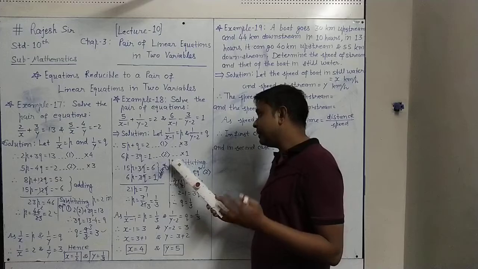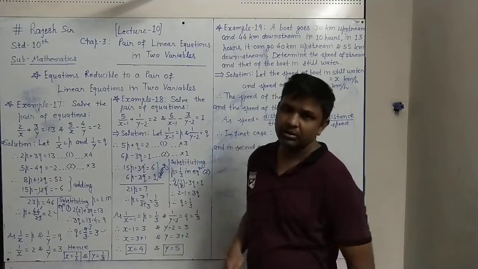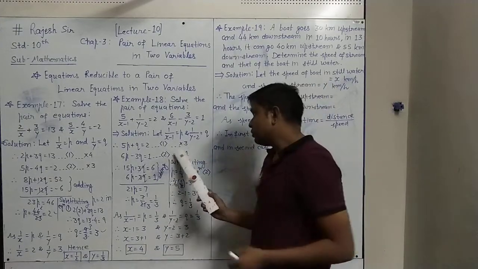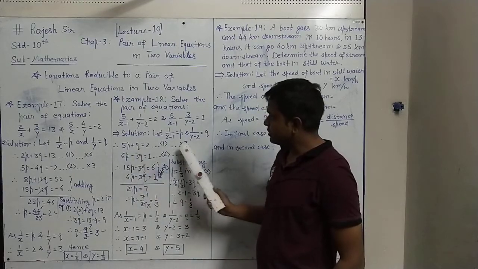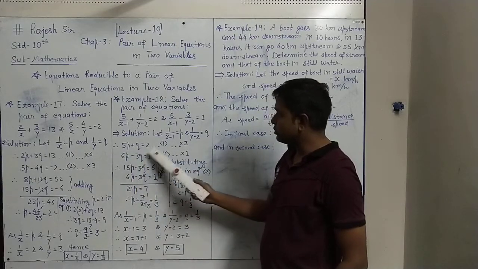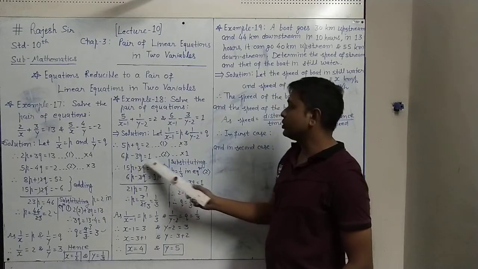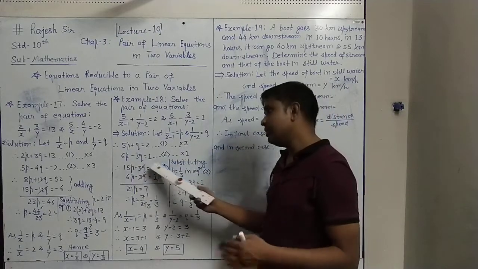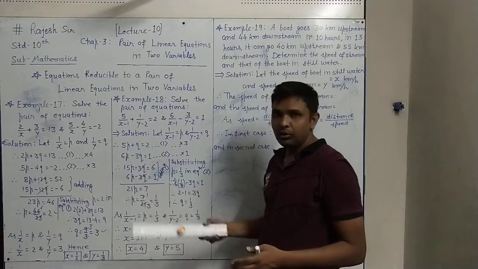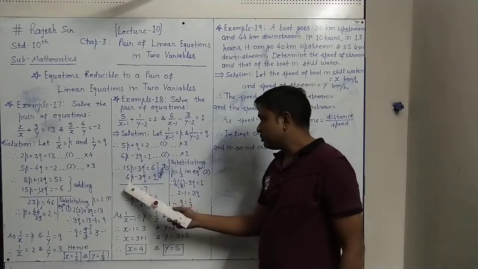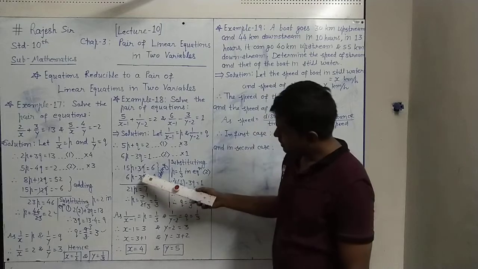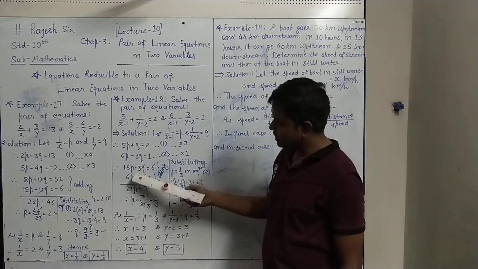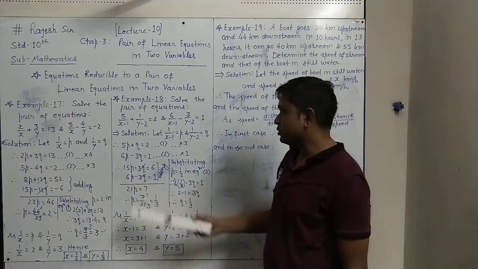So don't multiply the other equation by any other number, just by 1. The first equation is multiplied by 3. We get 3 5s are 15p plus 3q equals 3 2s are 6. And the second equation is multiplied by 1, so no changes, 6p minus 3q equals 1. Doing so, you can see the coefficients of q are the same, 3 and 3, and the sign change is also there.